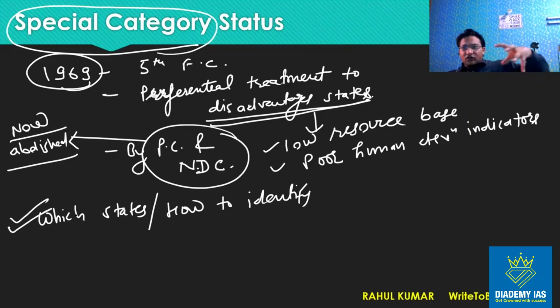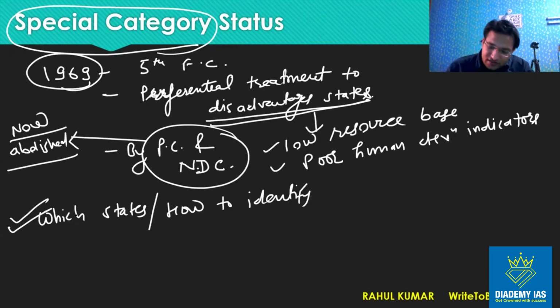So those states which satisfy one or more of these conditions can be granted the status of special category status, and a total of 11 states were granted this status over a period of time. These include the northeastern states, Sikkim, Himachal Pradesh, Uttarakhand, and Jammu and Kashmir.